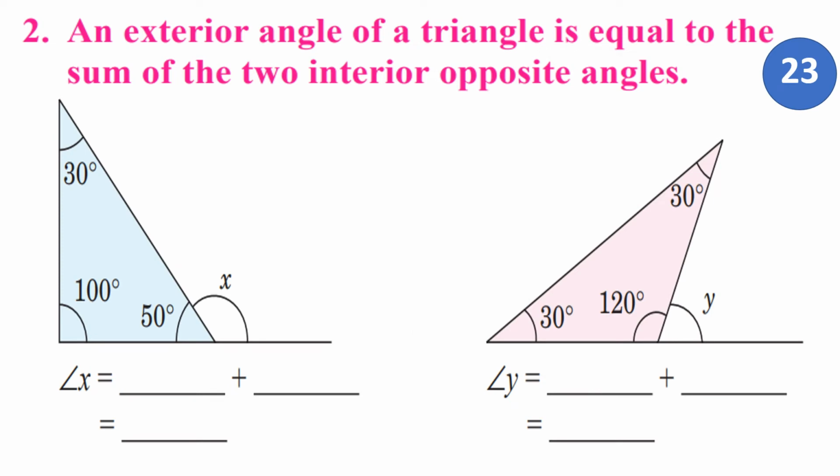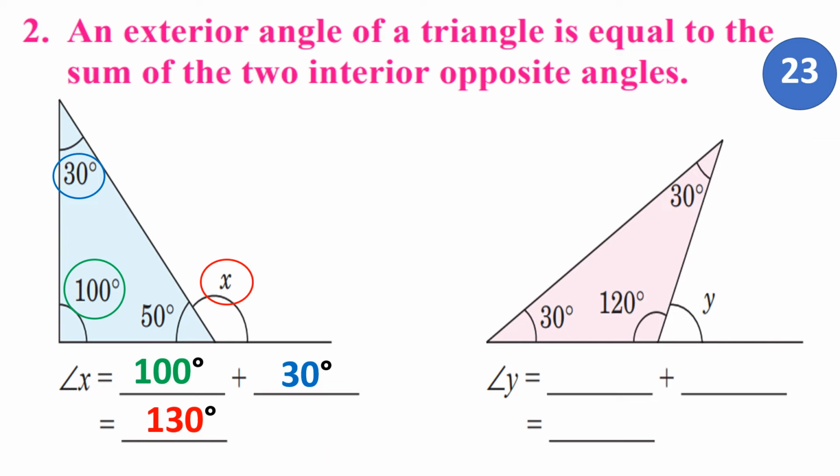We're going to try to solve this one. Find angle X. To solve angle X, you add the interior opposite angles: 100 degrees plus 30 degrees. Your answer is 130 degrees.